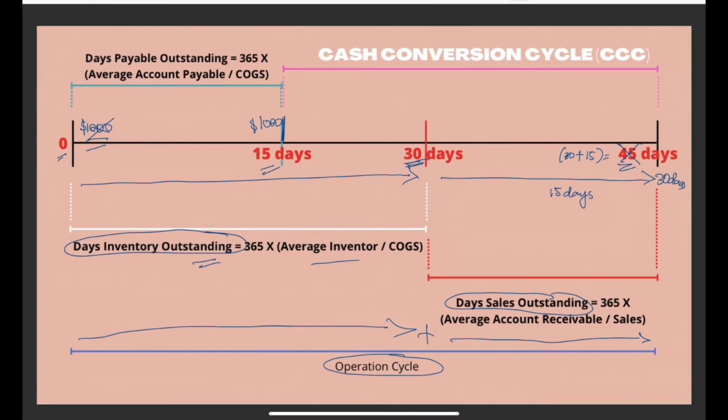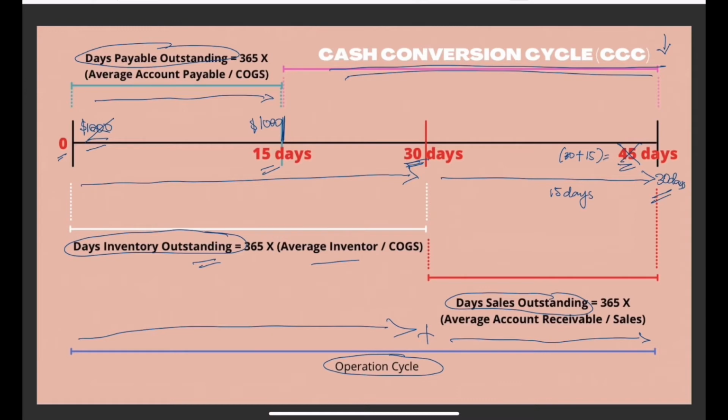The length of time that we need to pay our suppliers, from day 0 until the 15th day, is what we call the days payable outstanding. So when we deduct days payable outstanding from the total operating cycle, the length of time that we turn the supplies into goods and eventually sell is what we call the cash conversion cycle. So if we realize now, it's better if each company strives for that cash conversion cycle to be as low as possible.